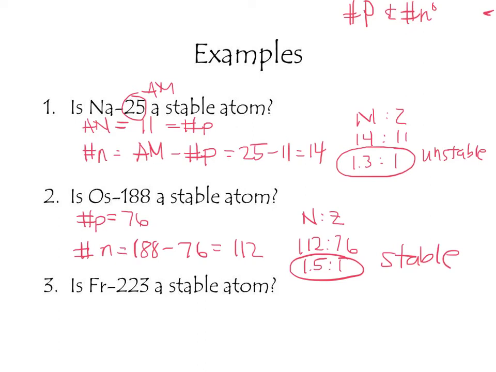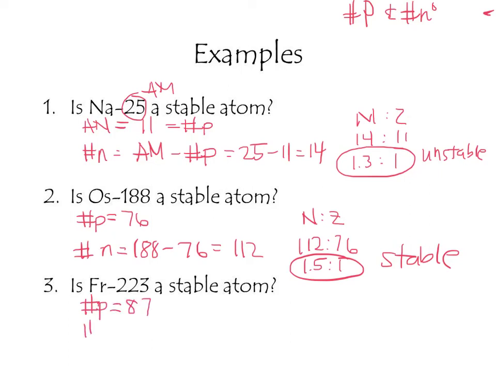And so finally, let's look at francium. Francium is past bismuth, so polonium and up. Even though every element after polonium is supposed to be unstable, it might not be the case. It might have a magic number that allows it to be stable, so we have to calculate it. If we look at francium, the number of protons is 87.